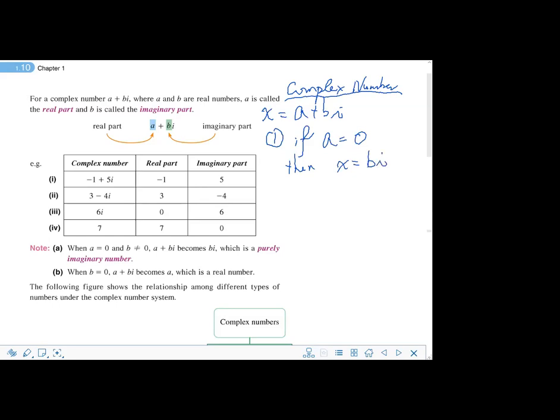Okay, and we will call x a purely imaginary number.